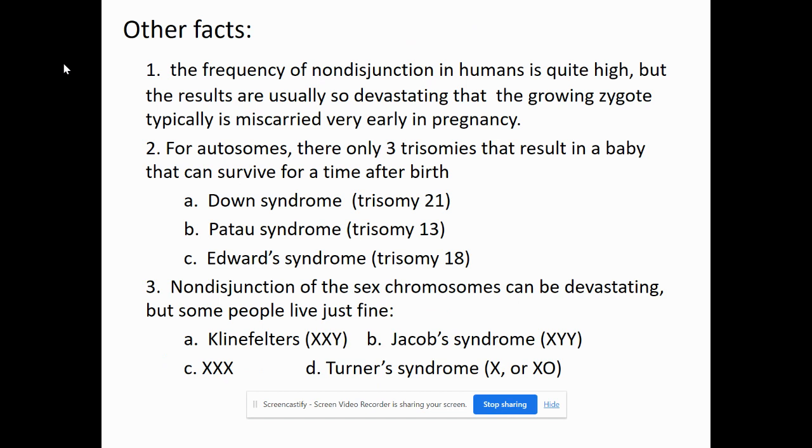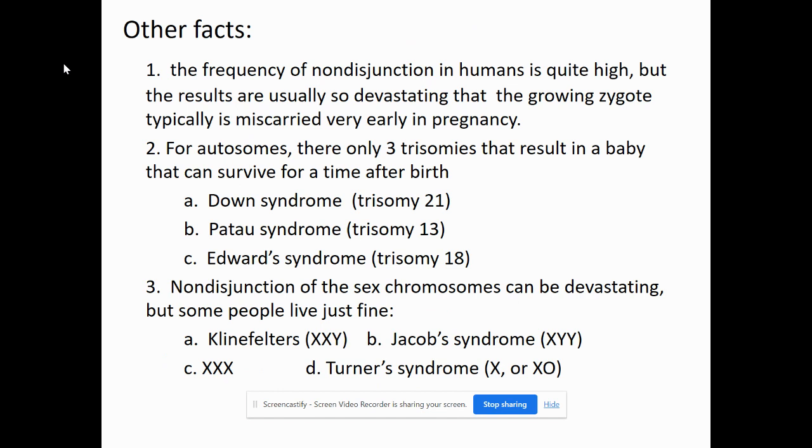This is just some other facts for you. I had mentioned that for disorders of non-disjunction that happen in the autosomes, somebody with Down syndrome can live, to some extent, a long life.